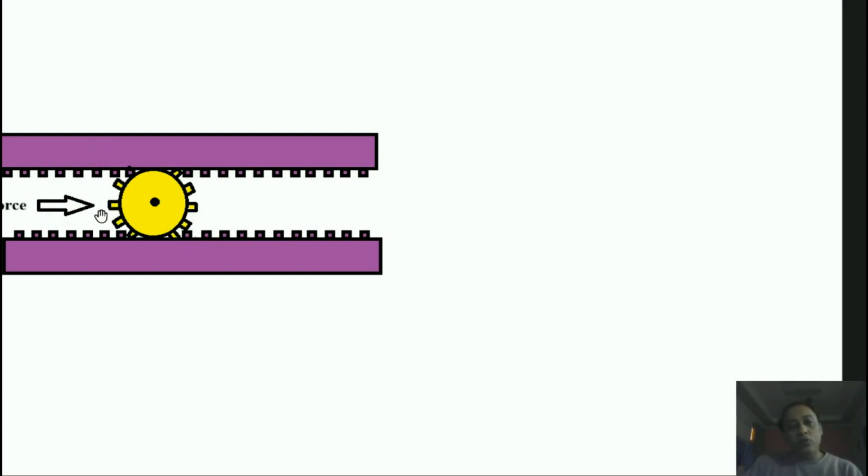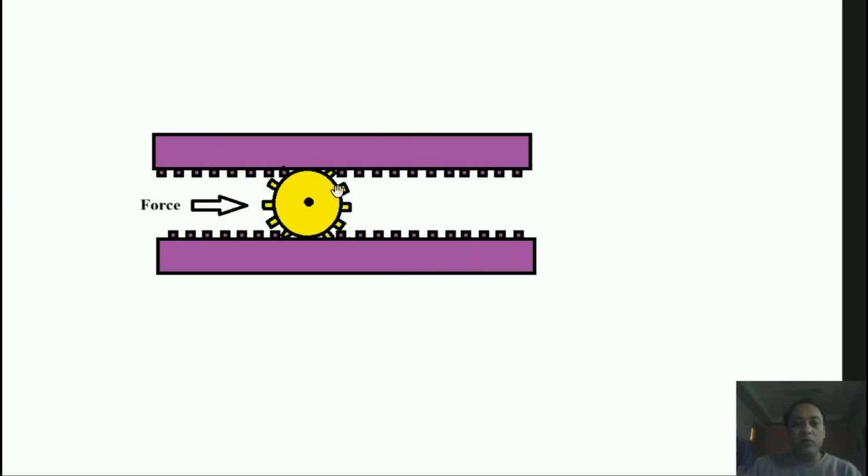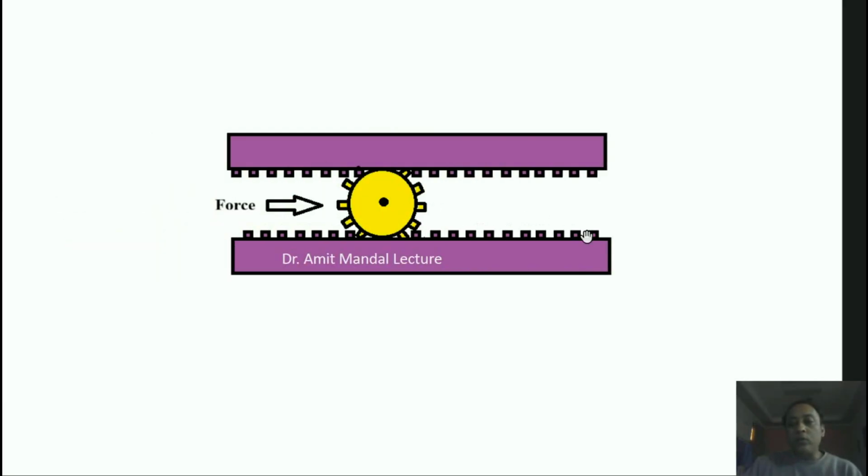On the center of this pinion, suppose some force is applied. Since both the racks are matched up with this pinion, the movement will be like this. Now suppose a hurdle, an obstacle, comes to restrict the motion of this lower rack like this. Now what will happen?